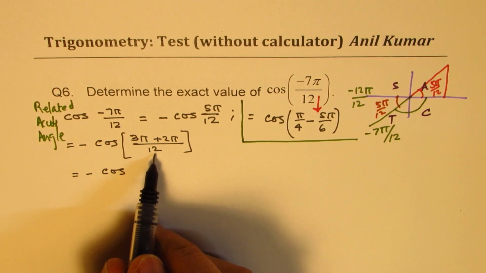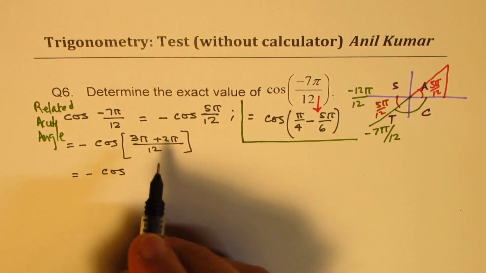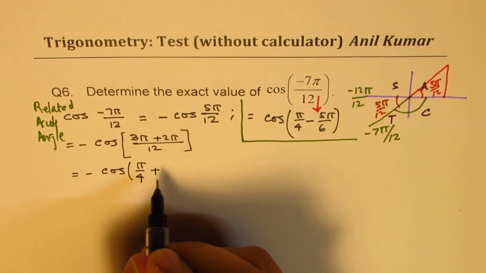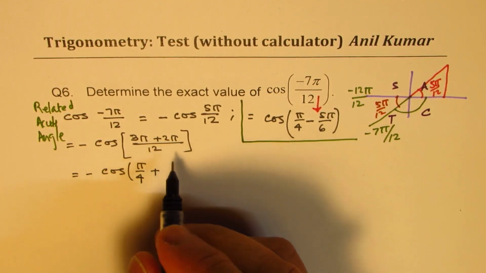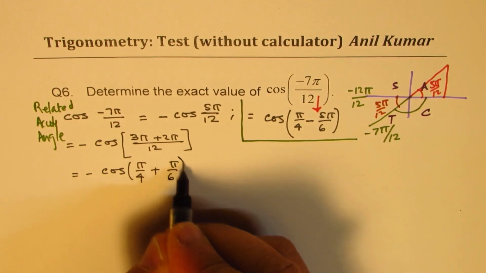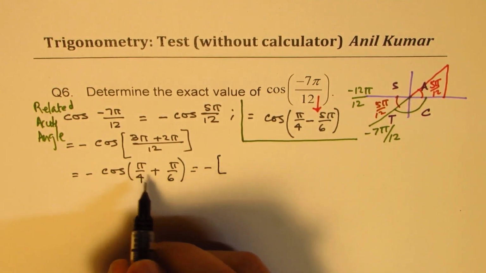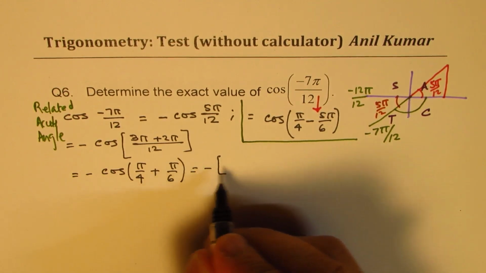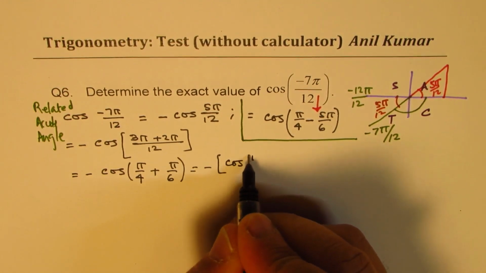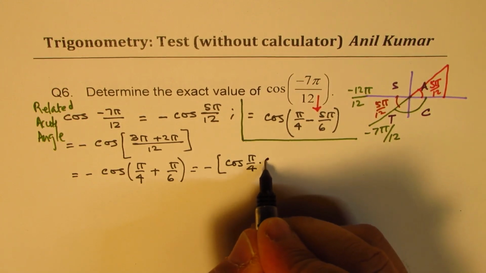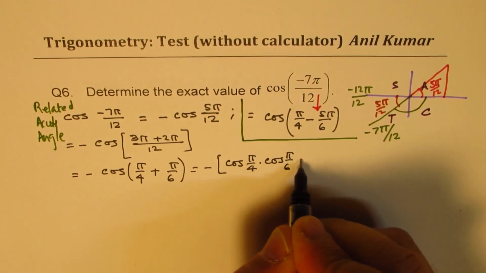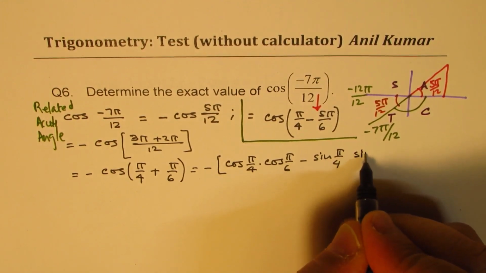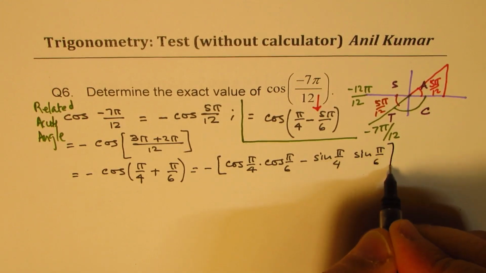So 3 pi by 12 means pi by 4, so it is pi by 4 plus 2 pi by 12 means pi by 6. And now we are going to use the cosine formula, which is cos A cos B minus sin A sin B. So it is cos of pi by 4 cos of pi by 6 minus sine of pi by 4 sine of pi by 6. Do you see that part?